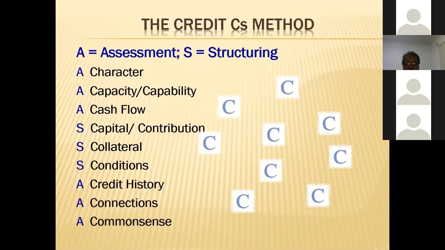Two of them relate to assessment, and 1 relates to structuring. So the first 2 are assessments, and the third one is related to structuring. I'm going to go to that right now, and I call it the big 3.